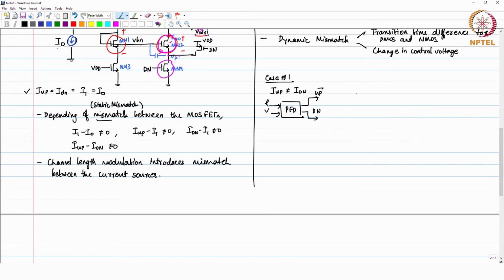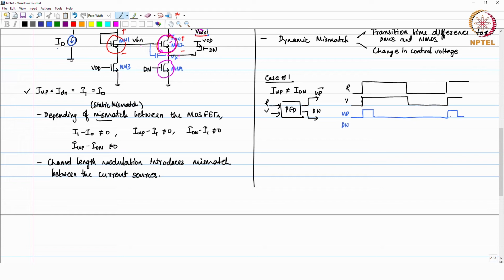Let us say R and V signals are aligned like this in a type 2 order 3 PLL. If this happens, then we know that the up and down signals will have a certain overlap period in this manner.